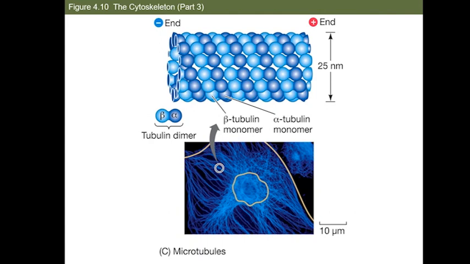So here's the structure of microtubules. They're tube-like, and they are made up of these dimers of beta alpha. And they are like the steel beams that hold up the cell. They're 25 nanometers wide.